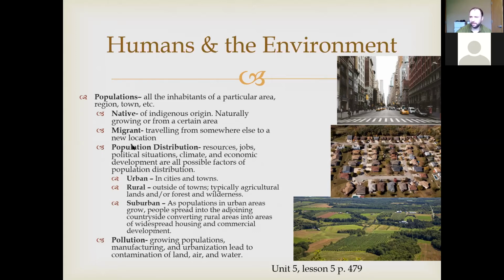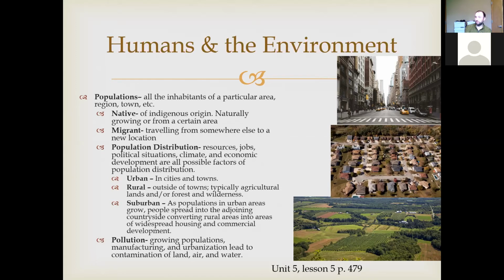I feel like we don't need to go into that too much, but all of those different factors factor into where people choose to live. It could be resources, money. It could be jobs. People tend to live in or near where they work. So if you have opportunities to have a job in the city, you might live in the city, maybe a suburb.